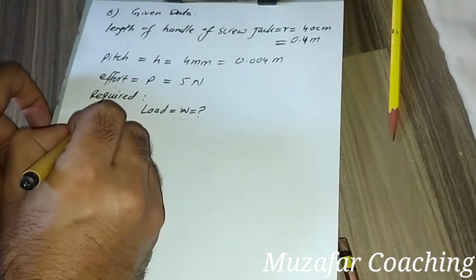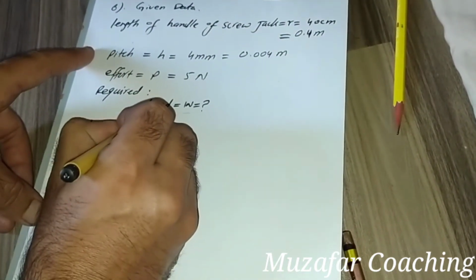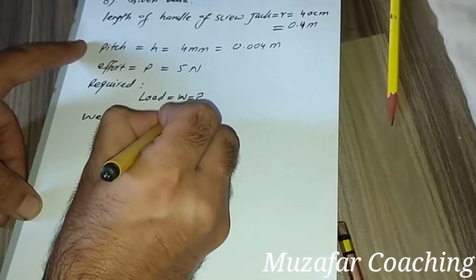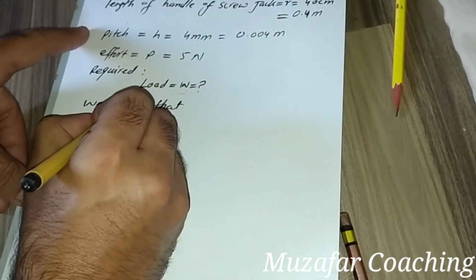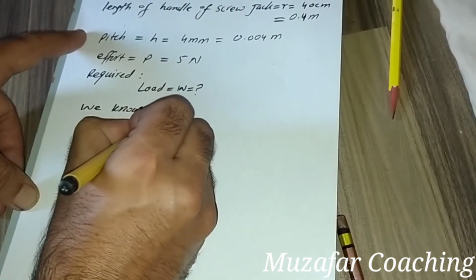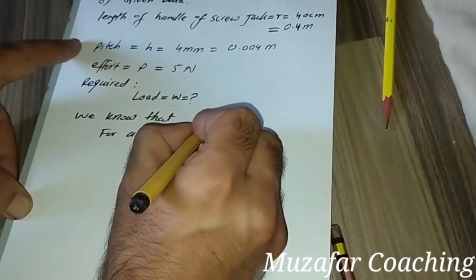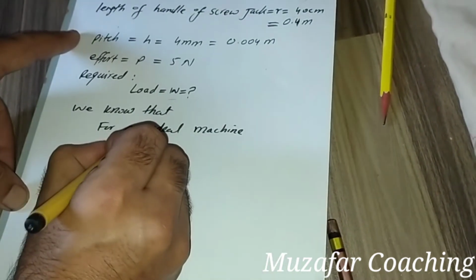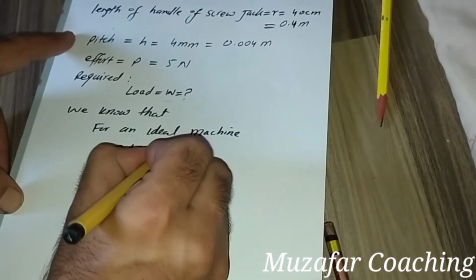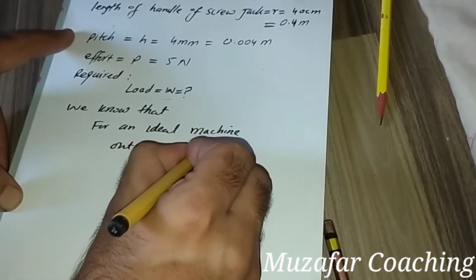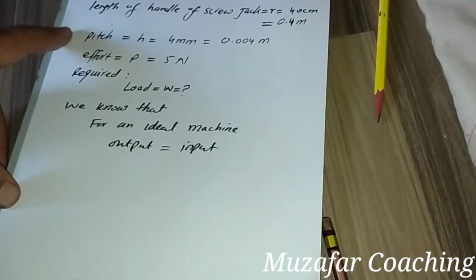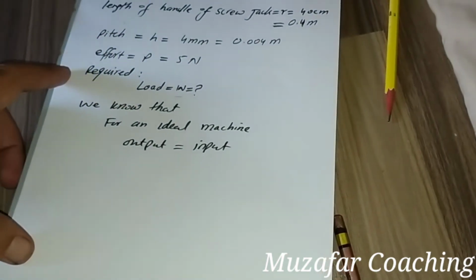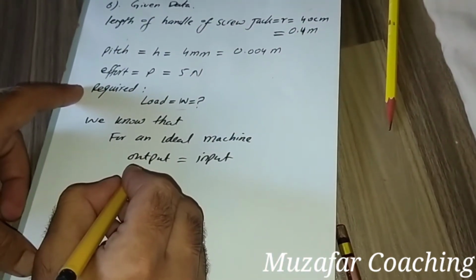So now we will be finding the load. We know that for an ideal machine, output is always equal to input. This must be clear for you. So now we will be putting the formula.